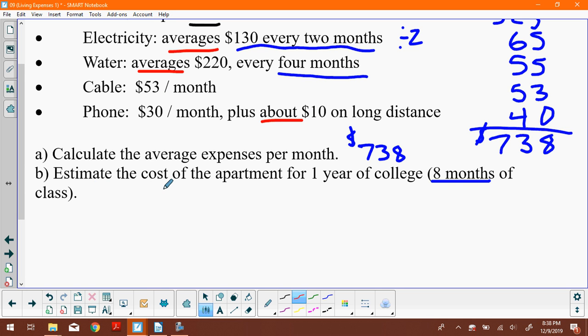So when we're making a plan for the future, we should probably pad our estimate a little bit, even if you're just rounding up to say 750, because of the variable expenses.